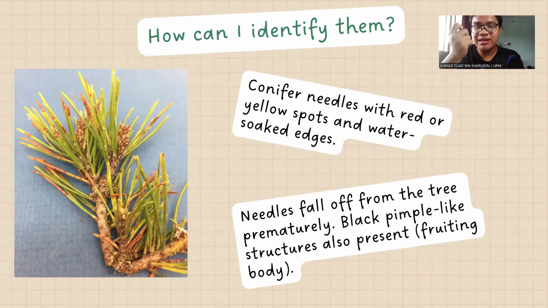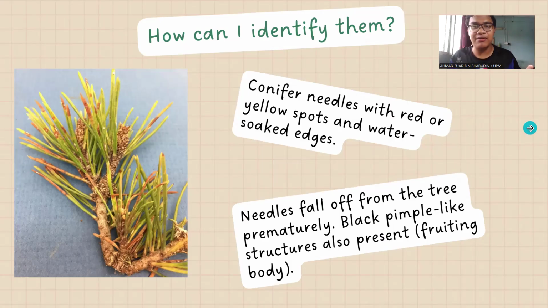Bonus point if you feel the needles and they have a watery texture. Other than that, you can also tell a tree is infected with needle blight if the needles drop from the tree prematurely. Also, you can see some black pimple-like structures on those needles, which would be the fruiting bodies.